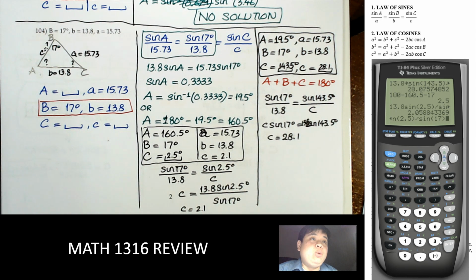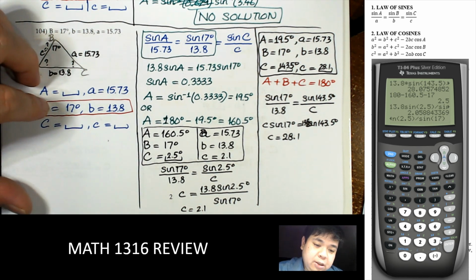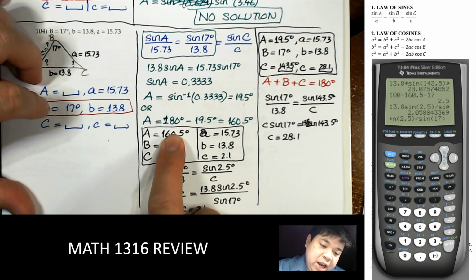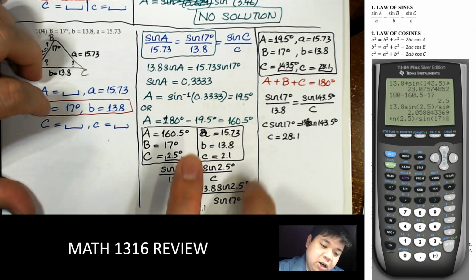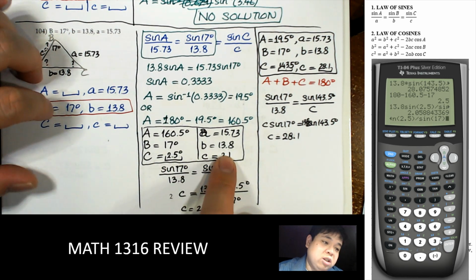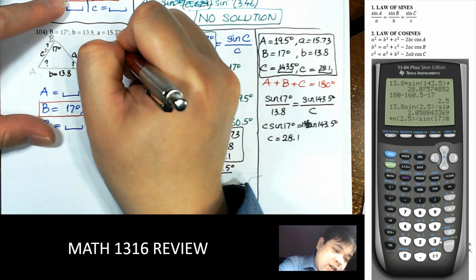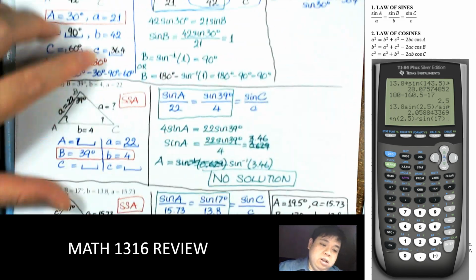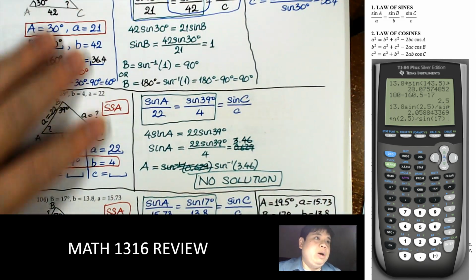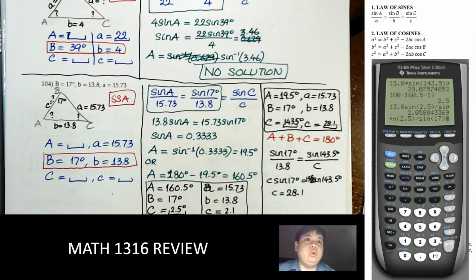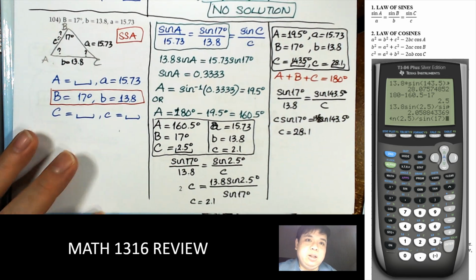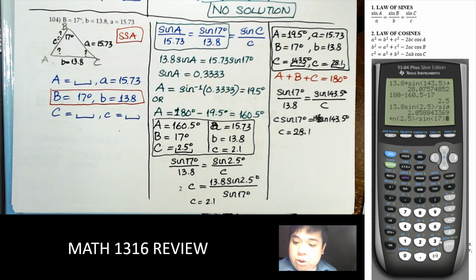Yeah. So in this case we have two solutions. Again, biggest angle longest side, smallest angle shortest side. So again, this case we have another side-side-angle situation, and here we have three examples. It could have one solution, two solutions, or no solution, and we have one of each.